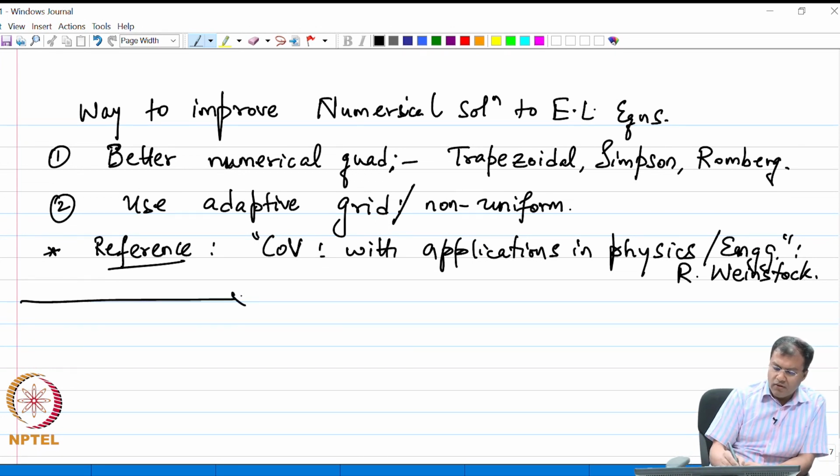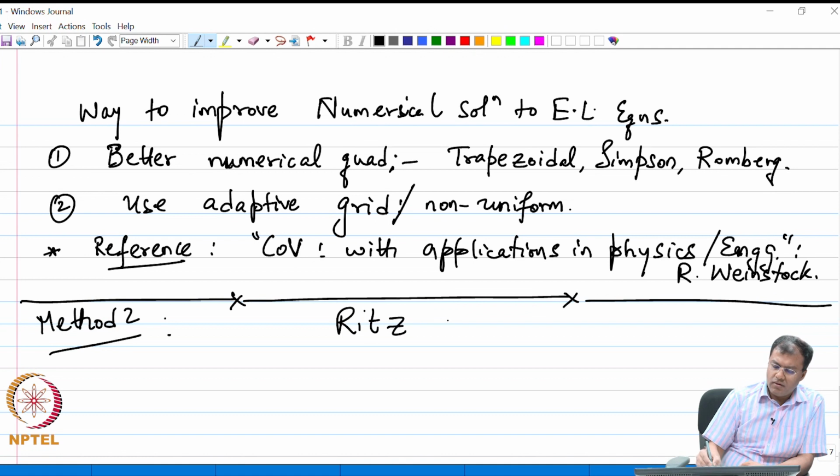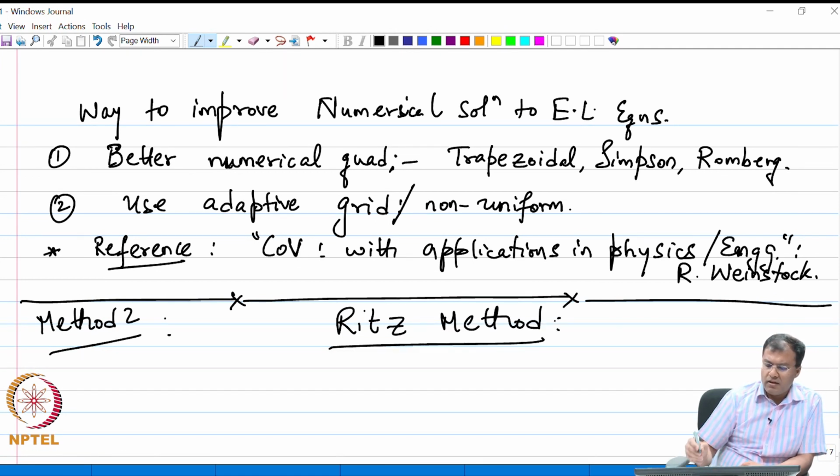So, let us look at another method for the numerical solution. The method that I intend to highlight is the Ritz method. Now, what exactly is this method?